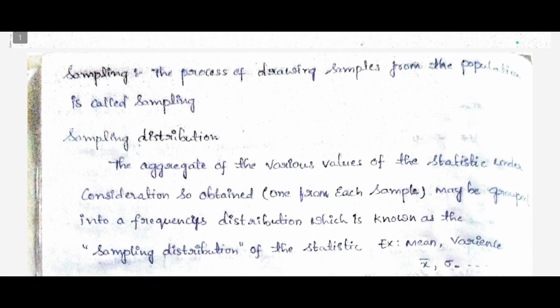Next, sampling. A very important definition, that is sampling. The process of drawing samples from the population is called sampling. Next, the sampling distributions.